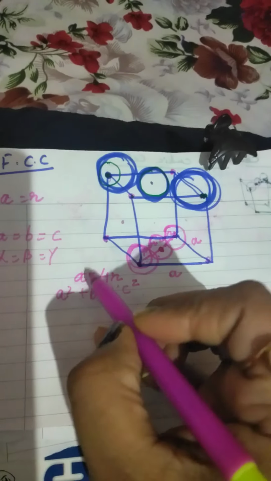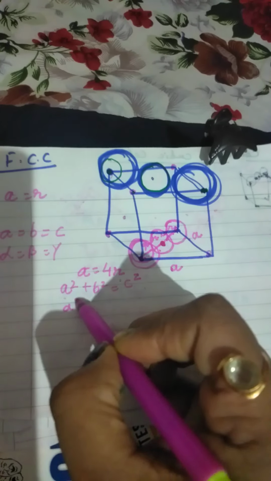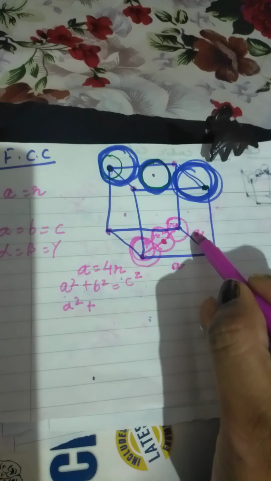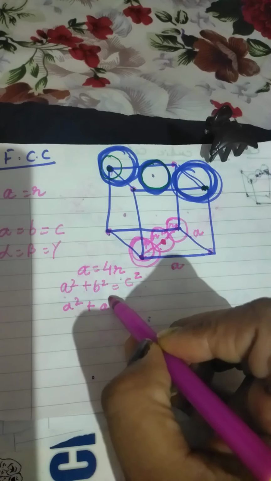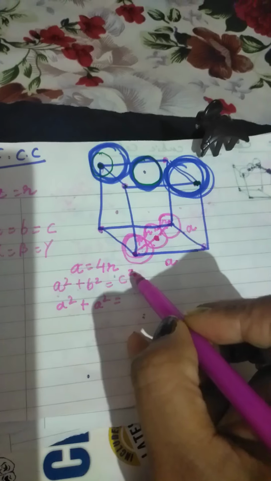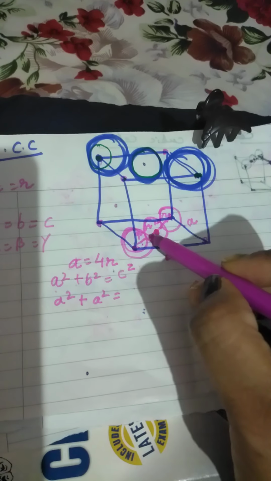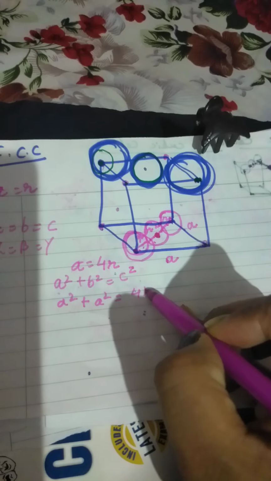So here A square, this is A, plus this is A, and this C square. Let's count, 1R, 2R, 3R, 4R. So this will be written as 4R square.